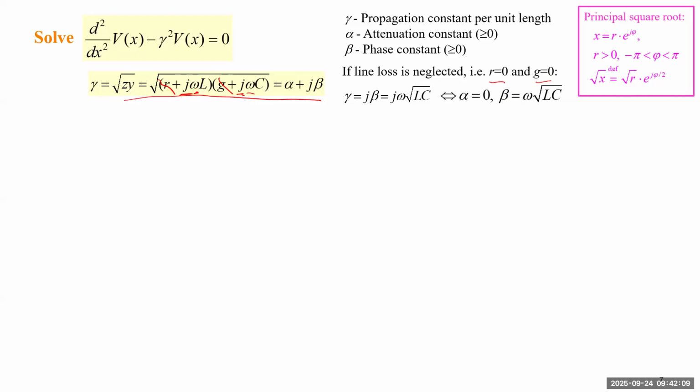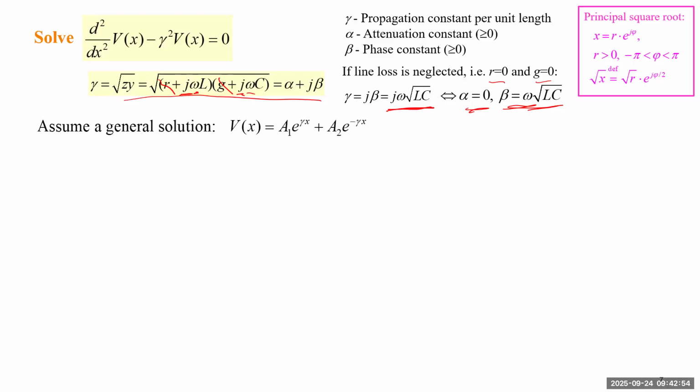So finally, gamma will become J omega times the square root of the product of L and C. And then we immediately know the attenuation is 0. Attenuation is the parameter indicating how the wave propagating on the line will decay. We'll explain what that means. And beta will be equal to omega times the square root of L and C. It only depends on the inductance and the capacitance of the line.